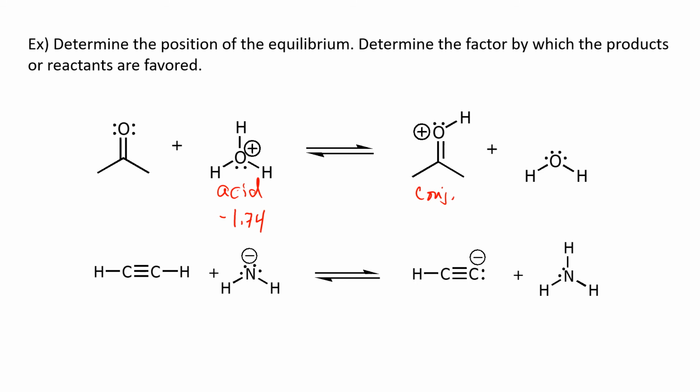Let's find that. That's negative 7.3. So the equilibrium will favor the left. This is your weaker acid. So the equilibrium favors the reactants.